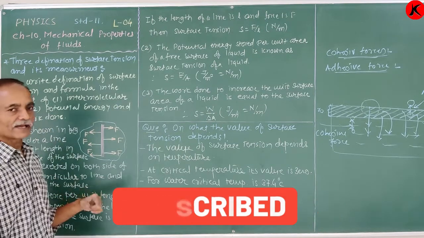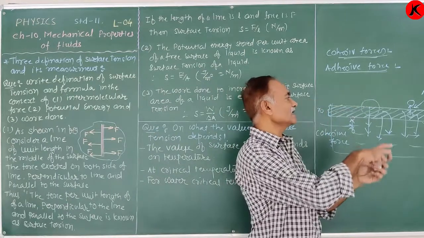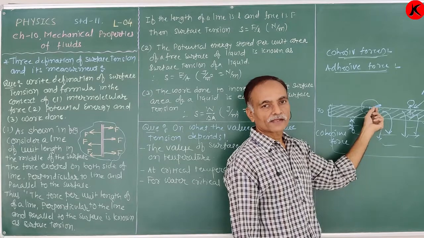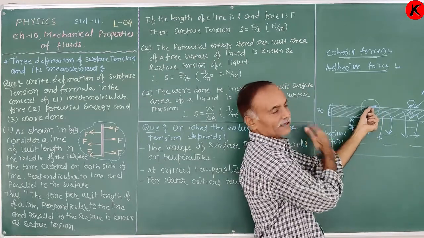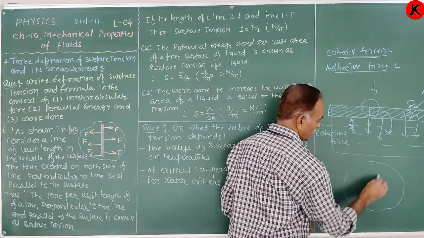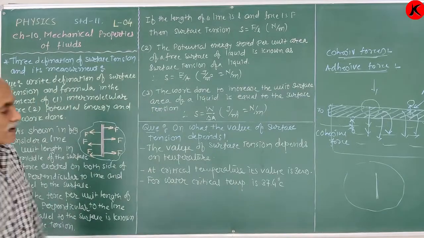Now, as shown in the figure, there is the top of the fluid surface. We consider a line of unit length on the surface. As we view from the top, the surface is shown this way.